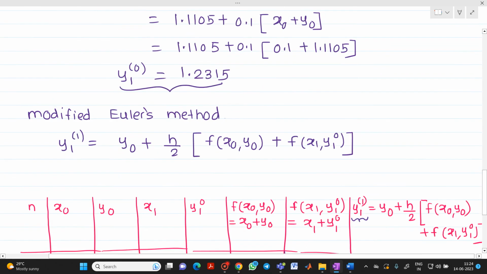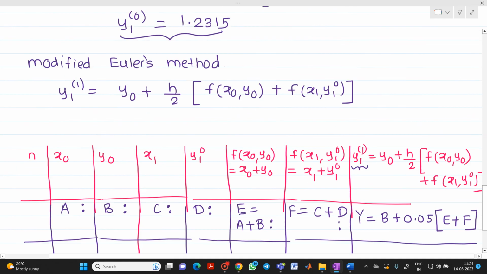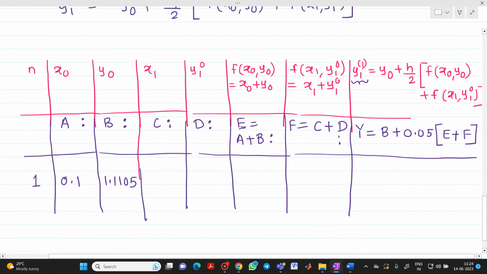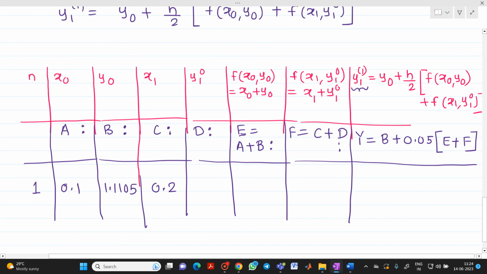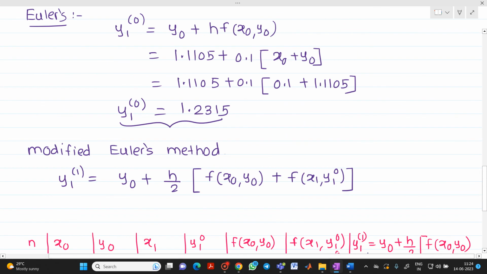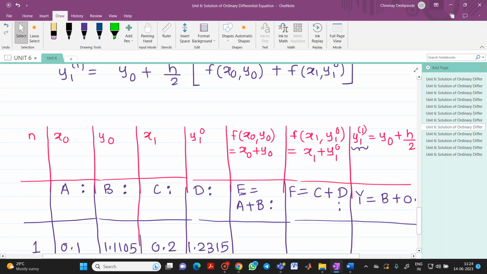It is 1.1105. What is the value of x1? Here x1 is 0.2. What is y1 of 0? We got 1.2315.